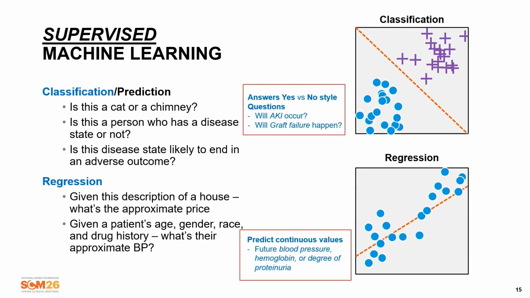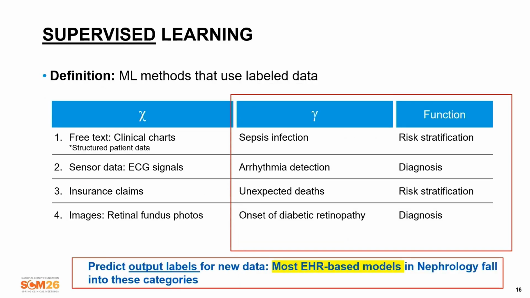And regression is about predicting continuous variables: how the model is going to predict hemoglobin next month in our dialysis patient, how blood pressure control is going to be after we start lisinopril, how proteinuria is going to be after we start the new treatment. That is regression.